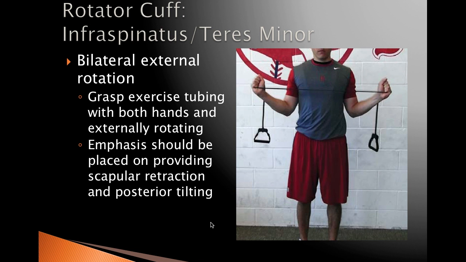Okay, and here we talked about bilateral external rotation. We have the patient retract, squeezing their shoulder blades together, and they're performing external rotation with both hands using that TheraBand you can see here. Great exercise for the external rotators.